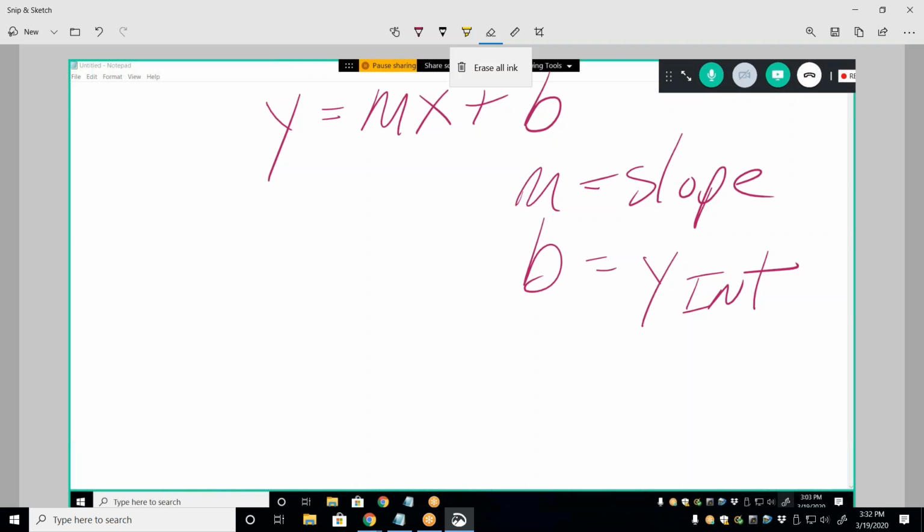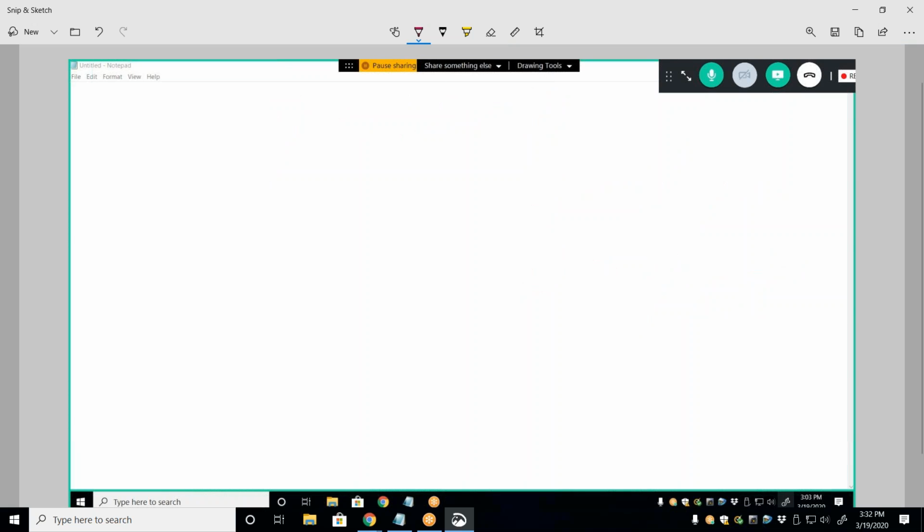And anytime you get a linear equation, you want to be able to put it into that form. Let me give you one more. This is a linear equation, meaning straight line. It's got one x, one y in it, and they're being added. They're not multiplied.